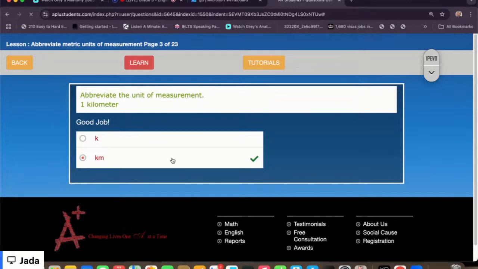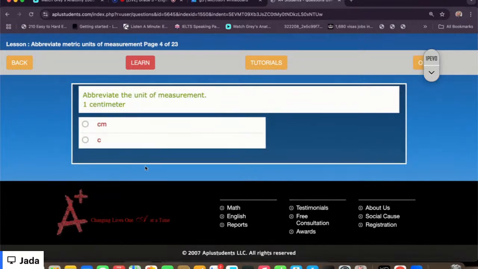Okay. So, we have 1 centimeter. What will be 1 centimeter in the abbreviation form? So, when you abbreviate, what will be 1 centimeter?